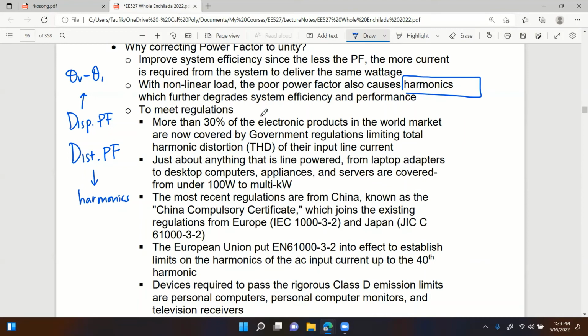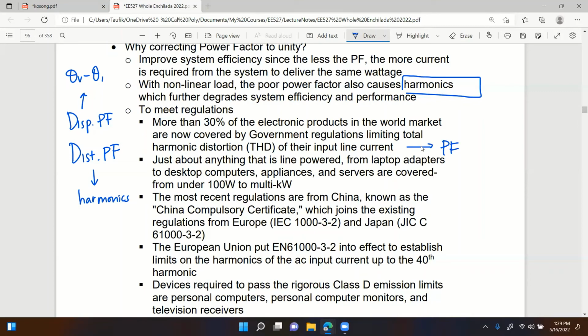Another reason is that we need to improve power factor to meet regulations. More than 30% of electronic products in the world market are now covered by government regulations limiting the total harmonic distortion of their input line current. And total harmonic distortion affects power factor.